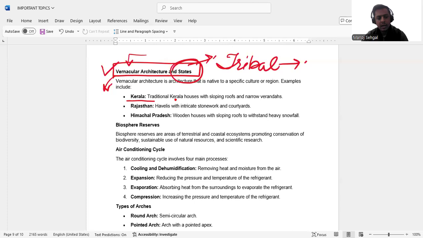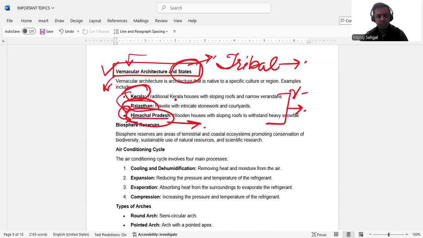Supposedly, the vernacular or traditional architectural style of the state of Kerala would be different from that of Rajasthan, and in comparison to that, Himachal Pradesh would definitely be totally different. So we need to really learn about the various vernacular architectural styles associated with various states.